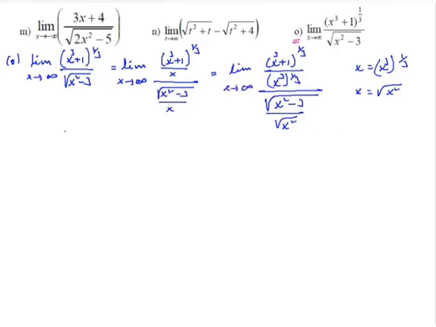So this can be written as the limit of x cubed plus 1 over x cubed, to the power of 1 over 3, taking the same power, over radical x squared minus 3 over x squared, as x approaches infinity.